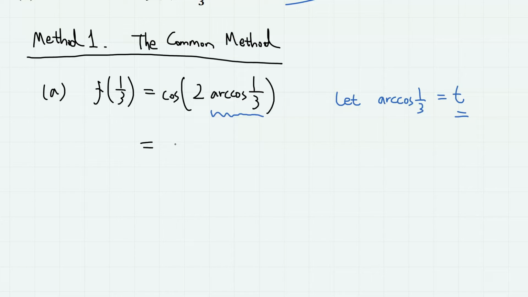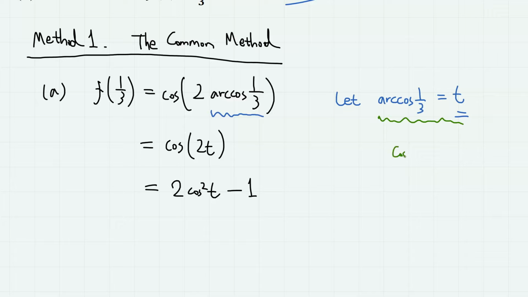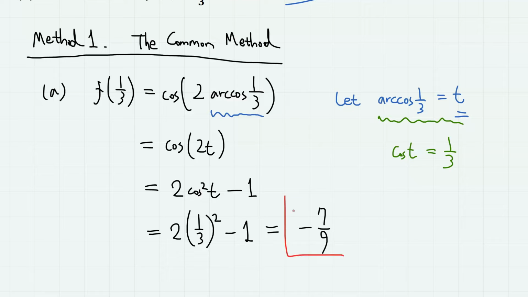Then, f(1/3) is cosine 2t, and we know that cosine 2t equals 2 times cosine squared t minus 1. Now, from this relation, arccosine 1/3 equals t, we have cosine t equals 1/3. Therefore, f(1/3) is 2 times (1/3) squared minus 1, which is minus 7/9. So that's the value of f(1/3).